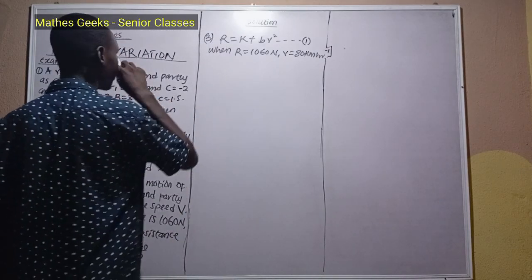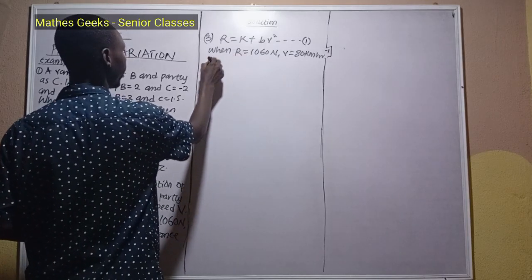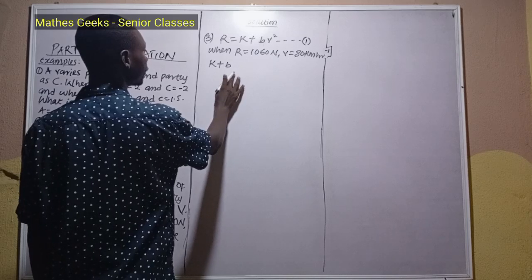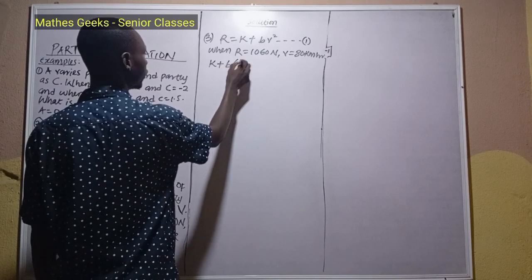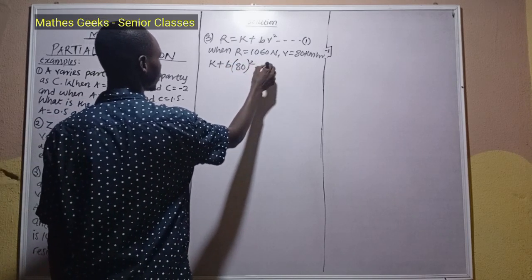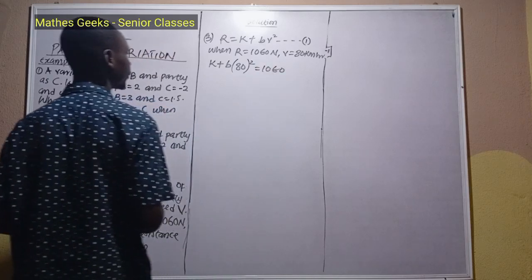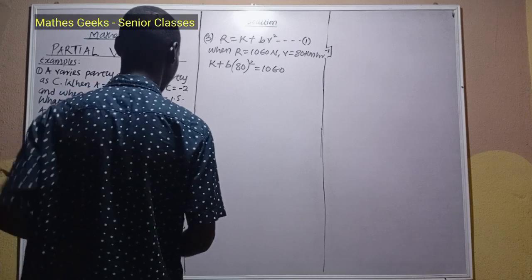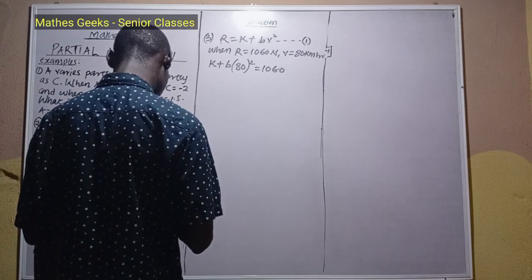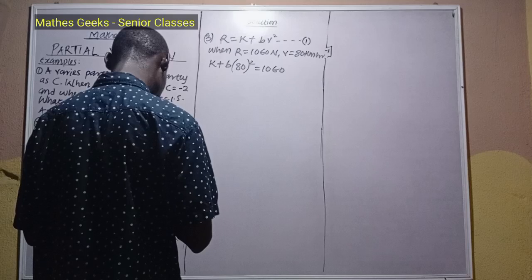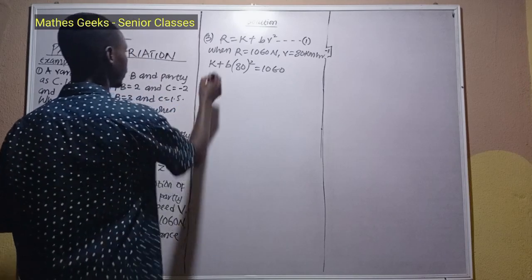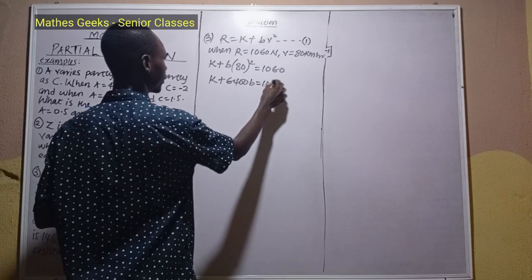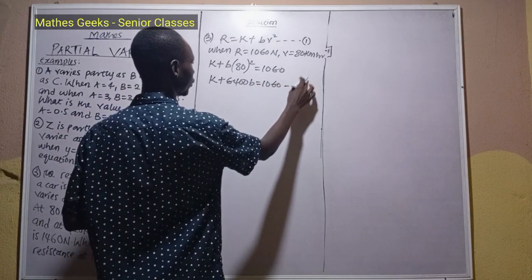And so our equation becomes k plus b times 80 squared is equal to 1060. So k plus 6400 b is equal to 1060. Equation 2.